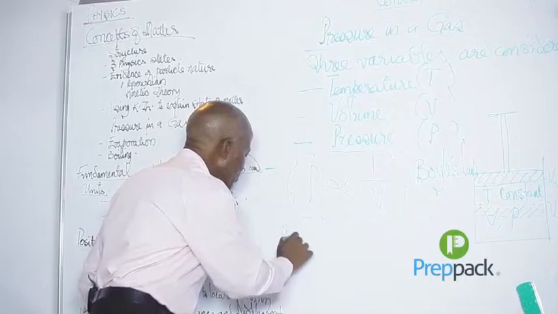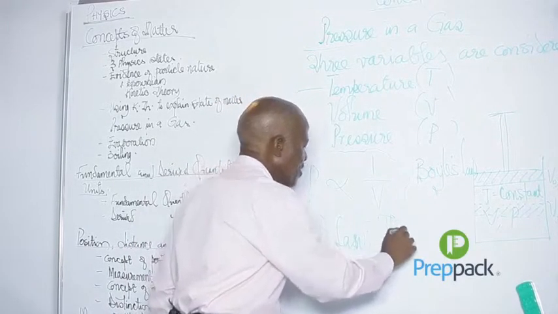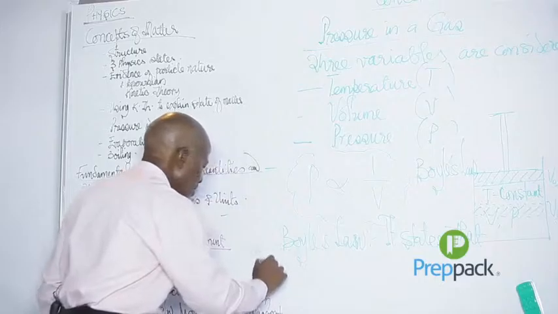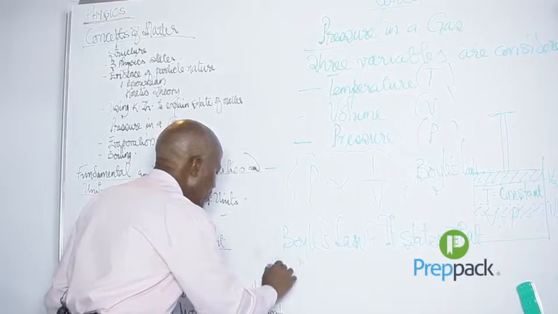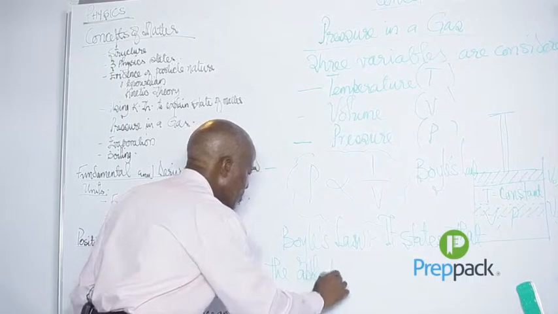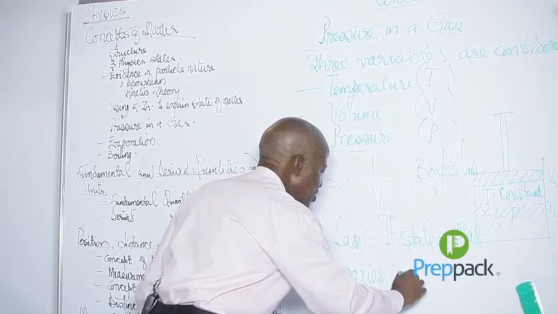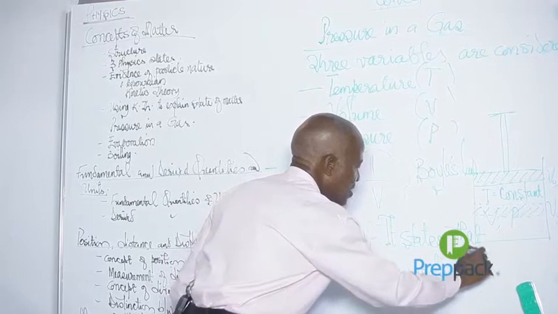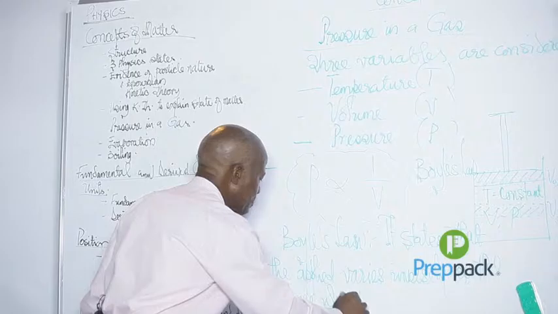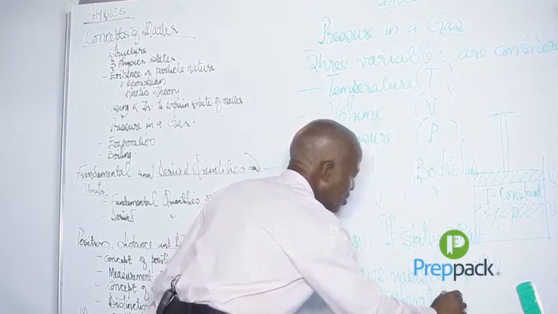So Boyle's Law states that the pressure applied varies inversely as the volume when the temperature is constant.